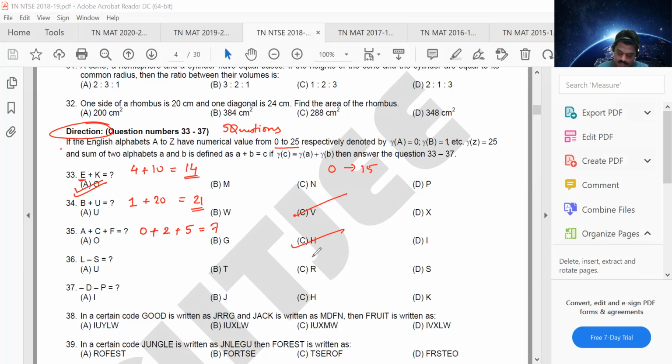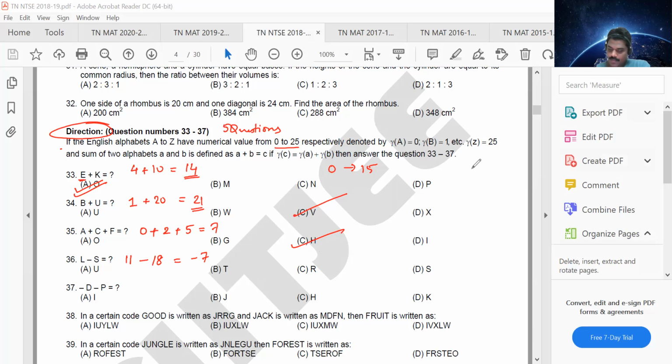So L minus S. This is a very careful observation that you need to make over here. L is normally 12, but here it would mean 11. S is normally 19, so here it would be 18. So the answer is minus 7.